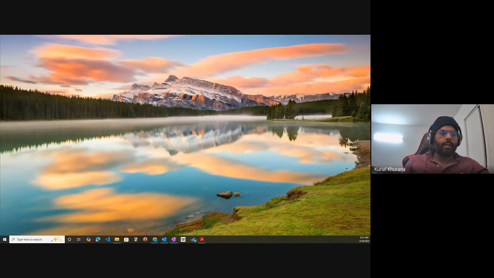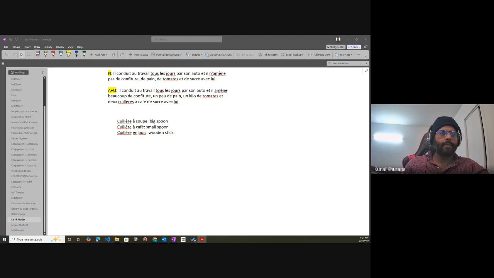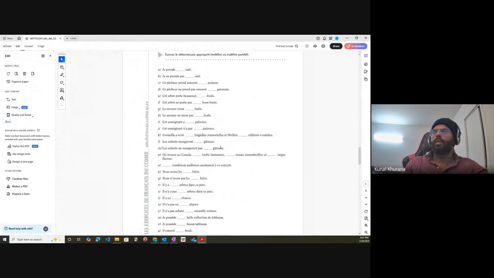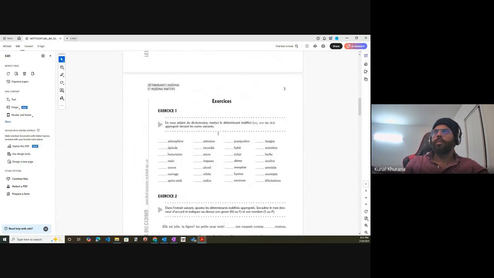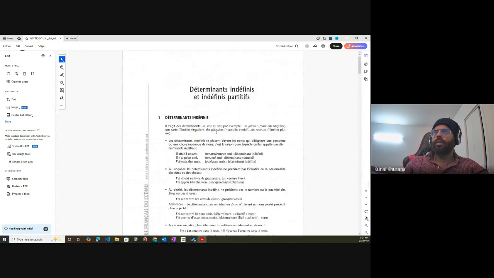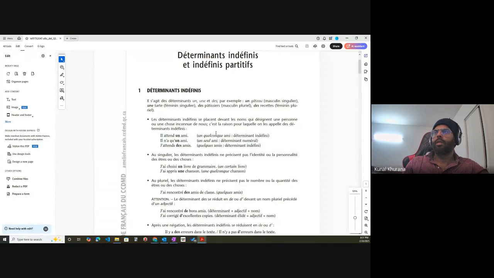Okay. Now let's look at this. Okay, so we have done the determinants and before indefinite, when we talk about certain things in a general way, we use indefinite determinants.